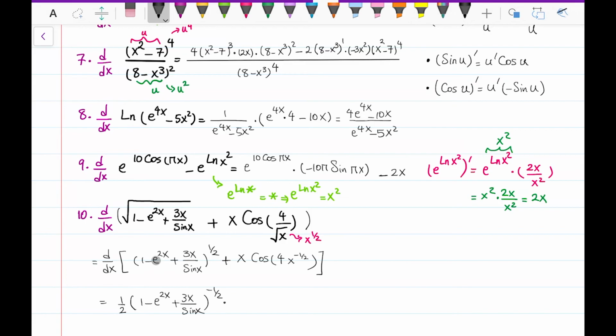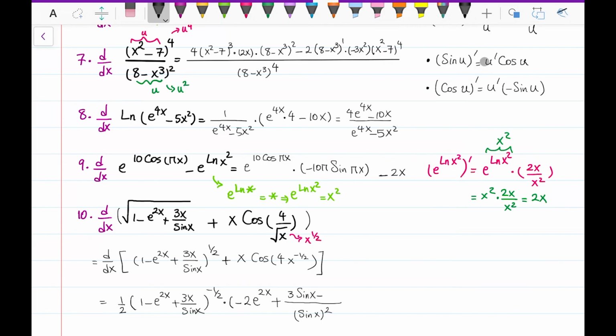So 1/2 gets down, whatever you have to the power of 1/2 minus 1, times the derivative of the inside. The derivative of 1 is 0, minus the derivative of e to the 2x, which would be 2 e to the 2x, plus I have a quotient rule to use here, which would be whatever you have on the denominator squared, the derivative of the top, which is 3, times the bottom, minus the derivative of the bottom. The derivative of sine is just cosine, right?